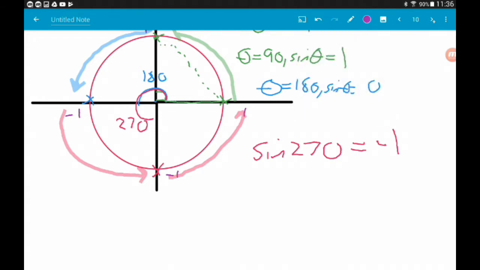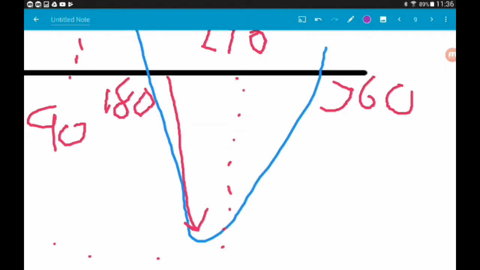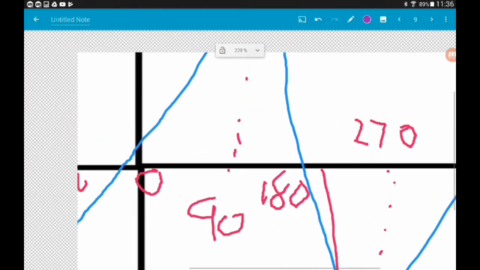We've done the whole thing, the whole rotation. So we've done 360. We're back where we started. So that tells us sine of 360 is 0. So that's taken us on the graph.